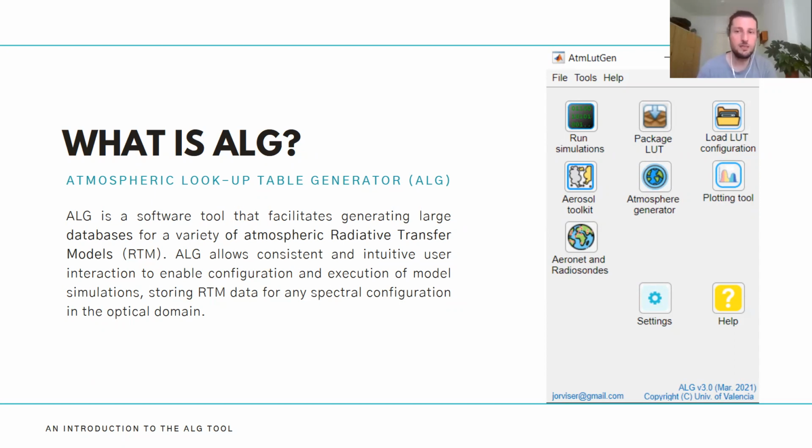Automatically the software writes the input files, executes the radiative transfer models, and finally stores the output simulations into one single lookup table file for any configuration in the optical domain. This way you can compare different models of the atmosphere and use the data in your own application, for example, atmospheric correction or something like this.